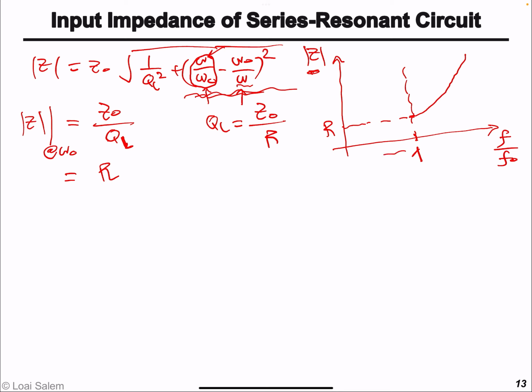And for frequencies less than resonance, we'll find the other way around. Essentially, the first term decreases as we decrease the frequency, while the second term is going to increase. So still, we have an increasing function versus the frequencies as we decrease the frequency below resonance.